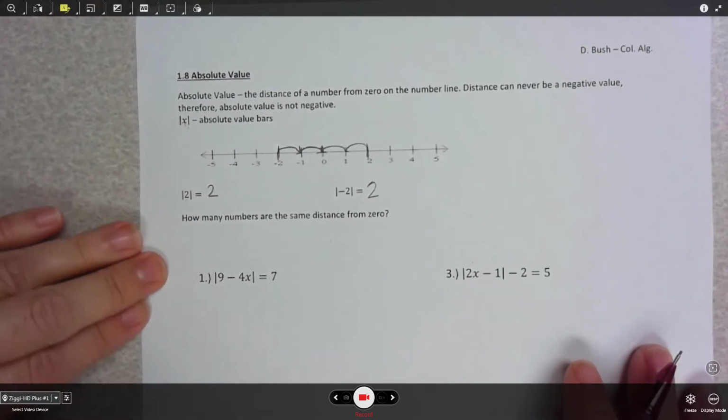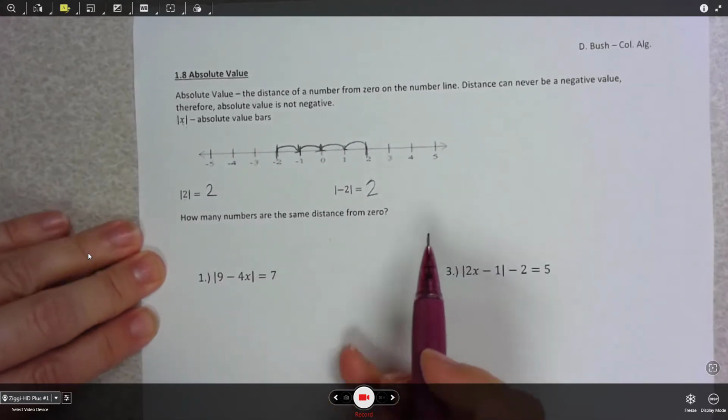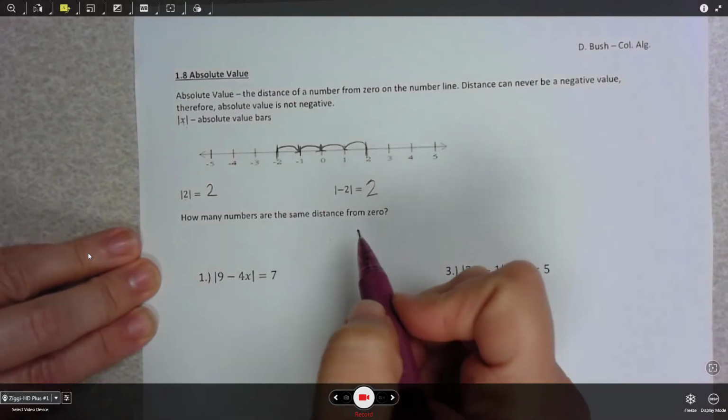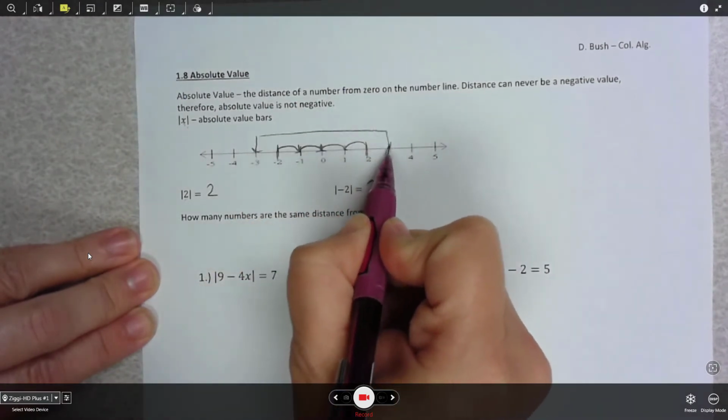If you're thinking about how many numbers are the same distance from 0, meaning if I pick a single distance, how many numbers have that same distance? If I said how many numbers are a distance of 3 from 0, that would be 2 numbers, negative 3 and positive 3.